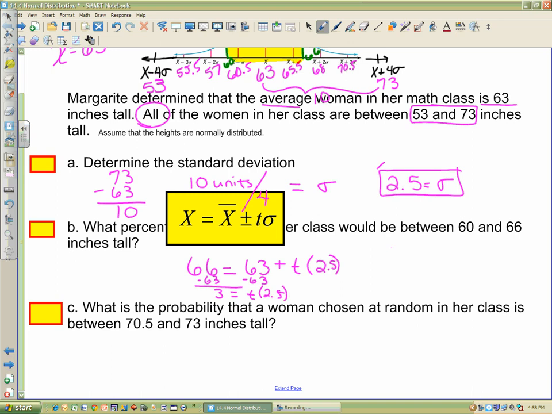Divide by 2.5, and t will be equal to 3 divided by 2.5. So grab your calculator and quickly calculate that out. Sorry, I didn't have it done. 3 divided by 2.5 is 1.2. I get a t-value of 1.2 standard deviations.